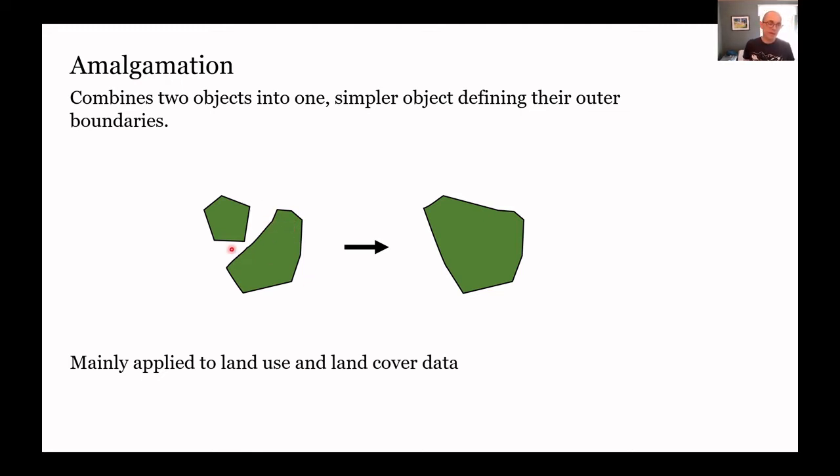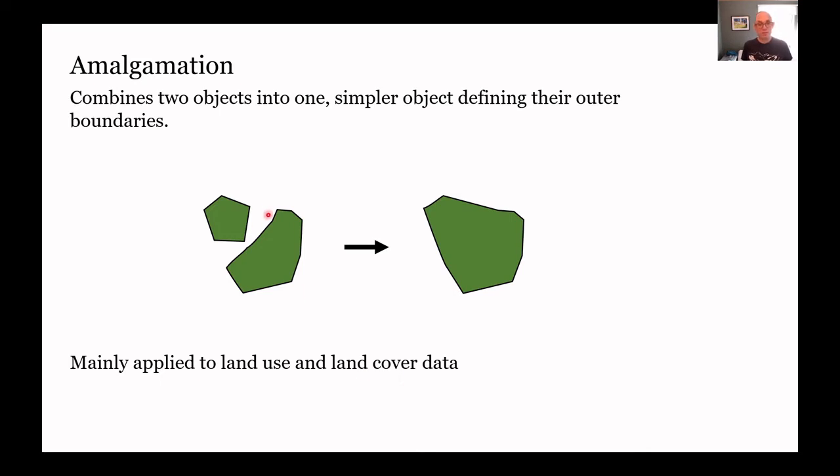If we're at a scale that's close enough, we can see that there is a gap between them. But when we step back, this whole area is basically woodland. So we amalgamate those two into one larger polygon, just to get rid of the unnecessary details. We generalize away these gaps. So that's amalgamation. Fairly simple.